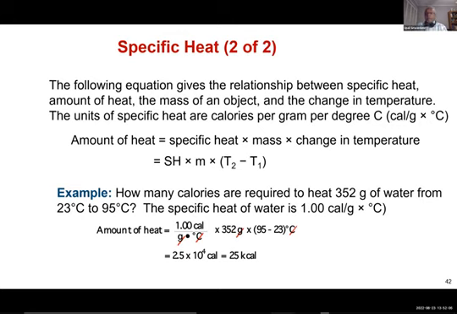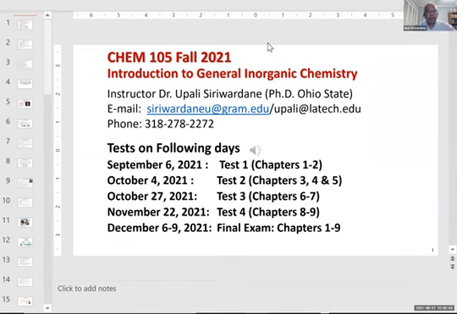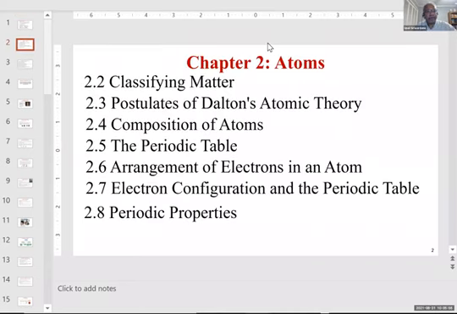So I am going to finish chapter 1 now and move into chapter 2. I am going to close the chapter 1 slide and move on to the first web page for chapter 2.